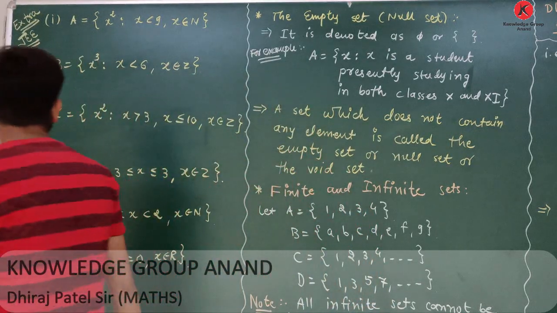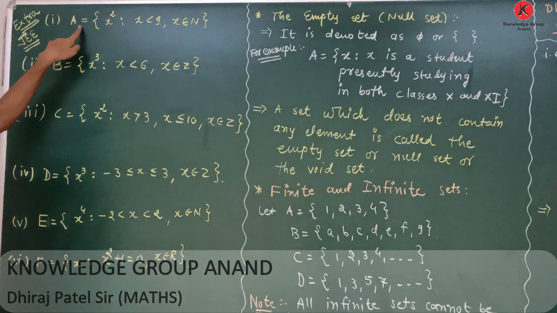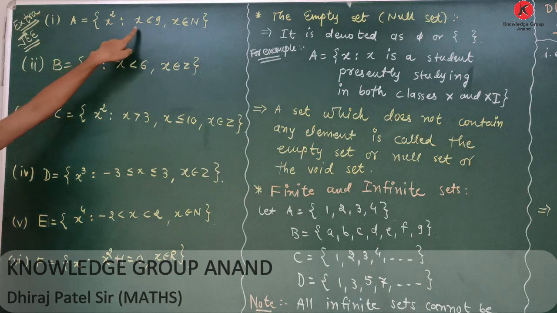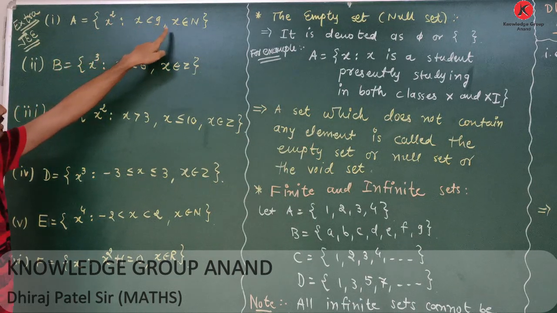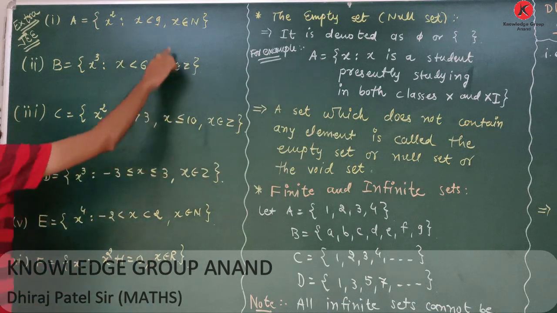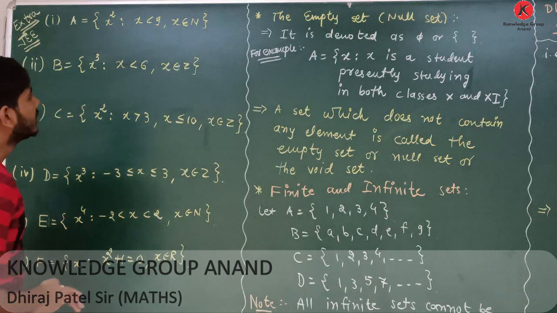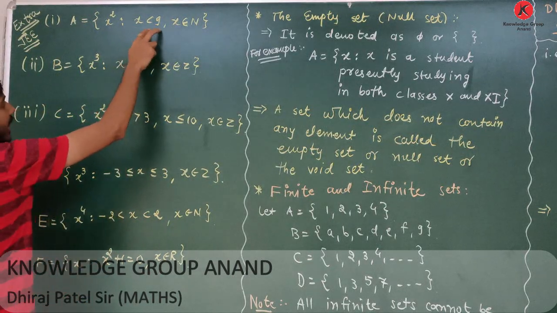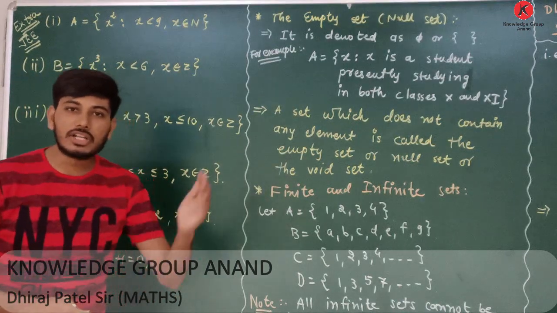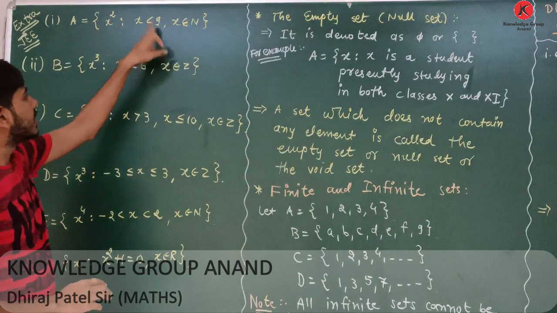So see here, the first question is set A equals x square such that x less than 9 and x belongs to N. That means x is a natural number, and the second condition is x less than 9. Therefore we have to take all natural numbers which are less than 9.